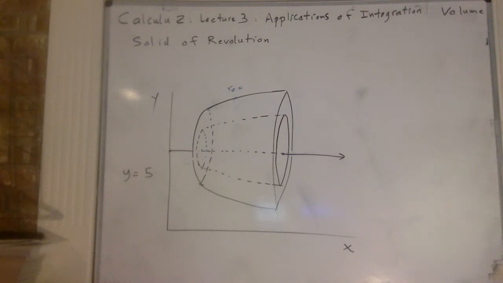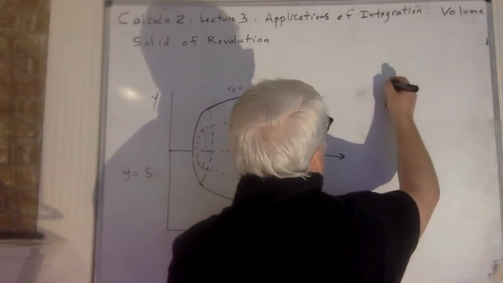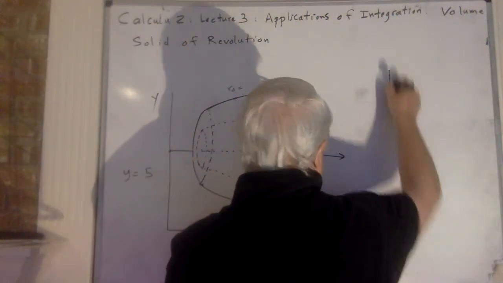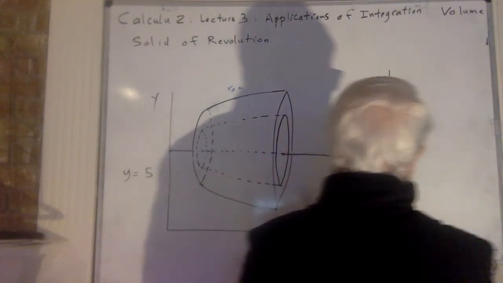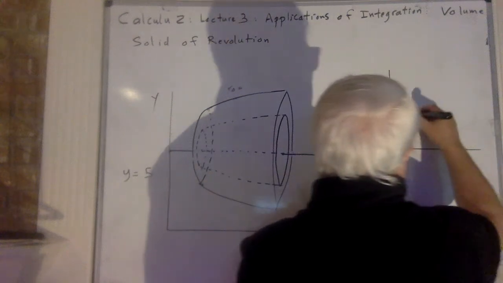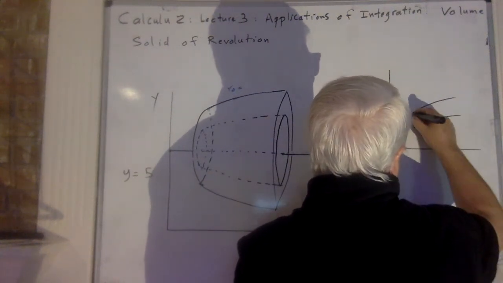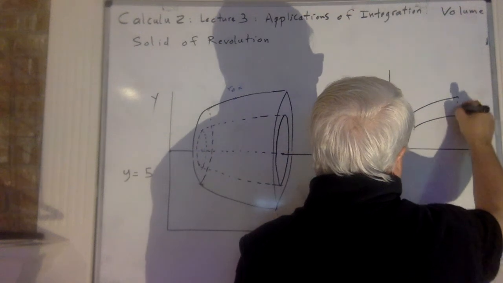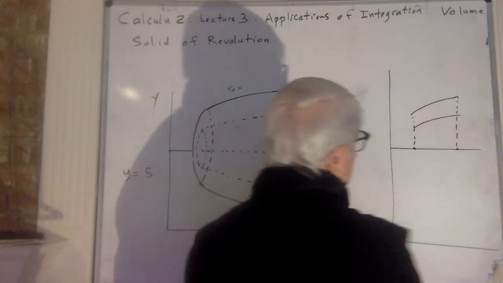So what should I find? Well, let me draw the picture here. The flat region is like this, say, and y equals 5 is here, and I have two graphs revolving about this.